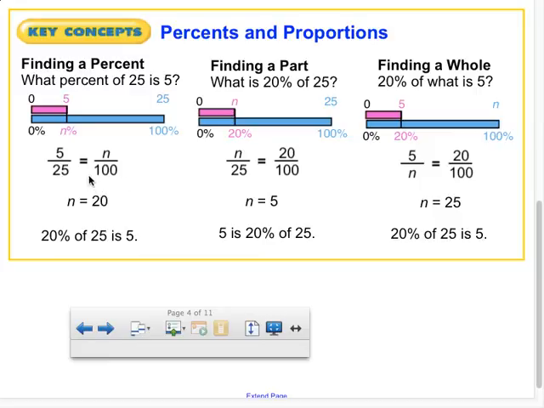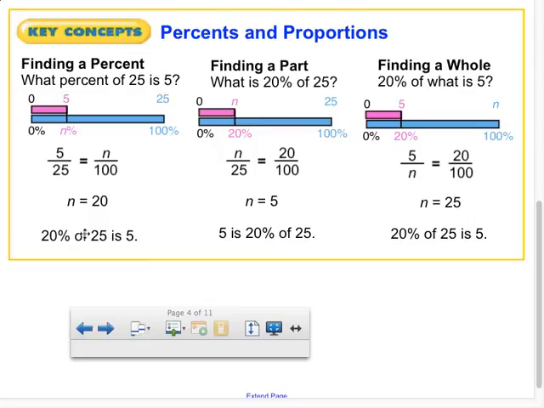So that 100 is not going to change. Percent's always going to be per 100. But here they're saying what percent? I don't know, n percent. Of 25 is 5. So they're trying to say, hey, out of 25, what is the percentage that 5 is going to be? Do you guys see how we set up that problem? And then it's just cross product property to solve for n, right? So this is the first type of problem we saw today.